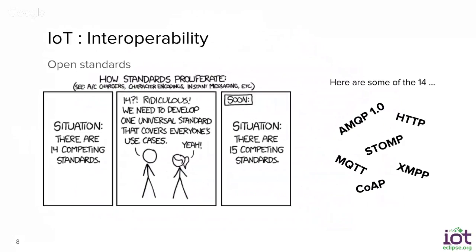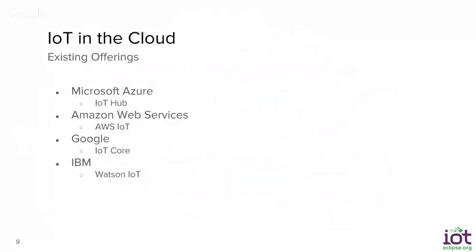So the problem is not to find a protocol that can be used instead of all the other protocols that we already have today, but it's about supporting more different protocols. So for example, on the right side of the slide, you can see some of the well-known protocols that can be used in the IoT space. So it's important for an IoT platform to support more than one protocol for different use cases.